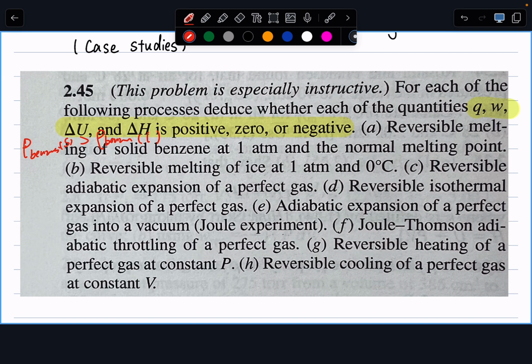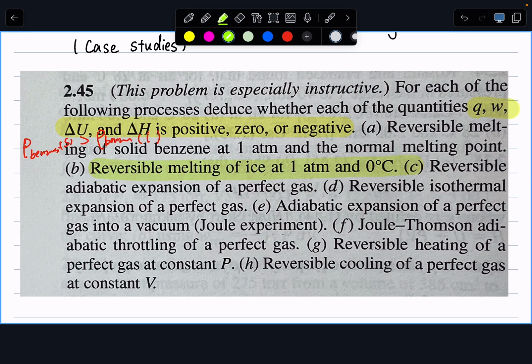And for problem B, the question is pretty much the same. Question B is saying we have reversible melting of solid benzene at 1 atm at normal melting point. Wait, question B is reversible melting of ice, sorry. Reversible melting of ice at 1 atm at 0 degrees Celsius.